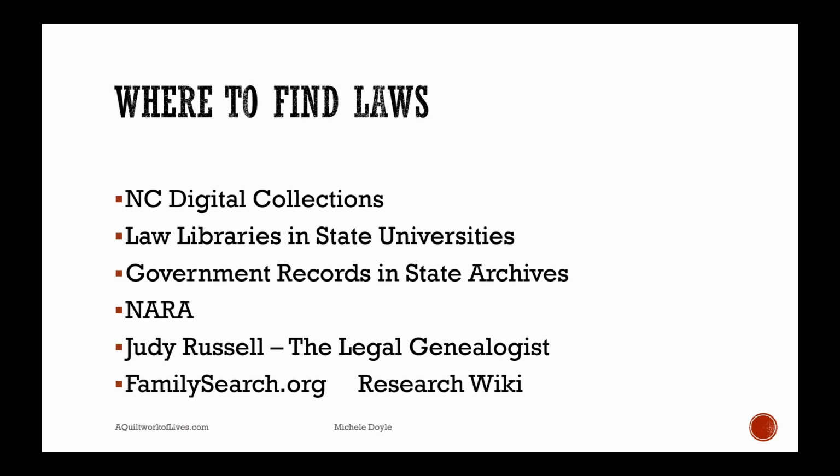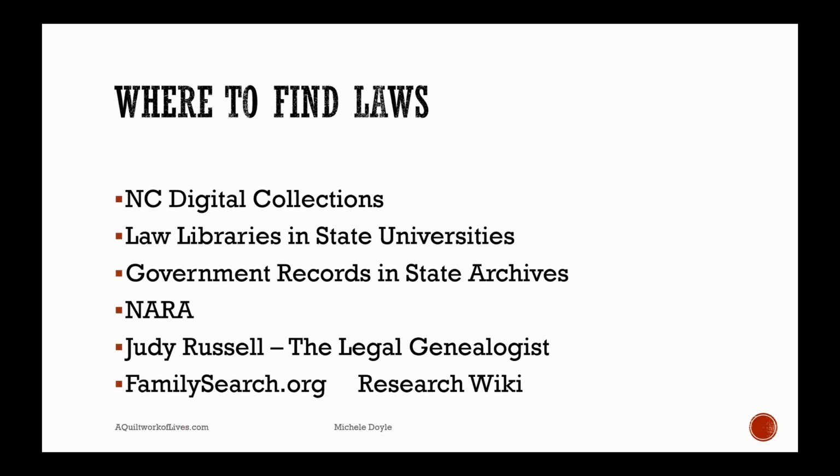The other place that I always look is on FamilySearch, so familysearch.org. And if you go to the search bar, and I'll show you this a little later too, but if you go to the search bar and you go to the research wiki, any of you that aren't familiar with this, when we're done here, go check it out. So if I end up someplace, a place or a type of record that I've never used before, or I don't know where to find it, or I'm not sure what it means, I go to the research wiki.